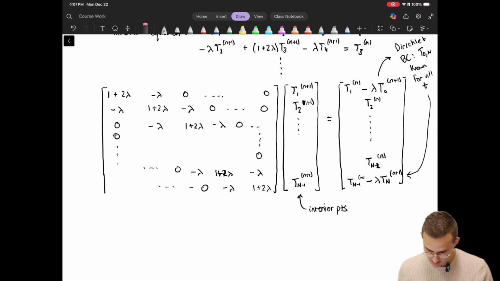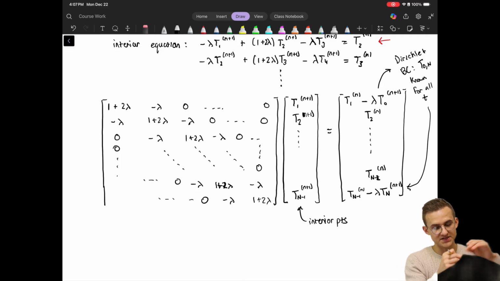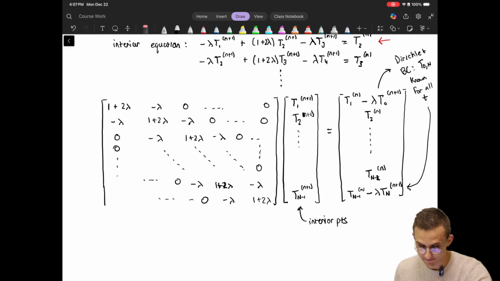Let me make these vertical dashed lines a little bit more clean here. Okay, so that's the overall structure. And the good news is that a tridiagonal matrix is very efficient to solve.